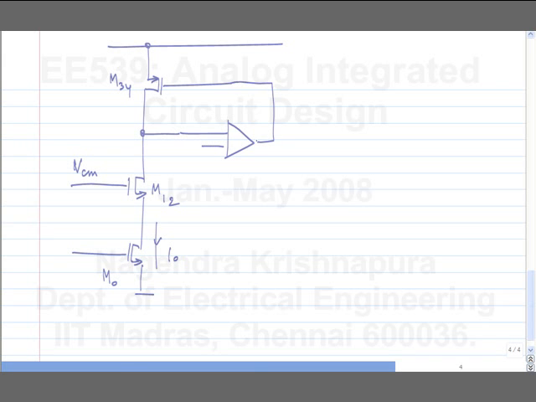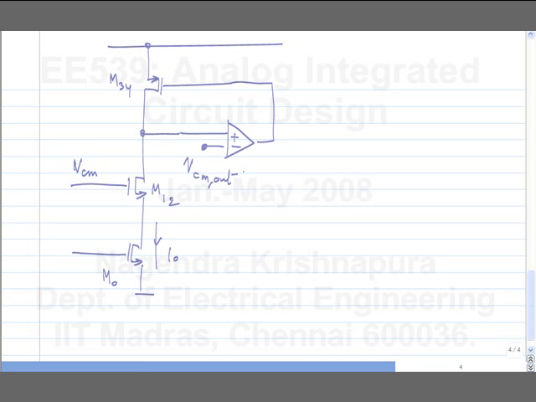I do this, which is plus and which is minus. Okay, what is this? So, this is the bias that I need. Let me call it VCM out.